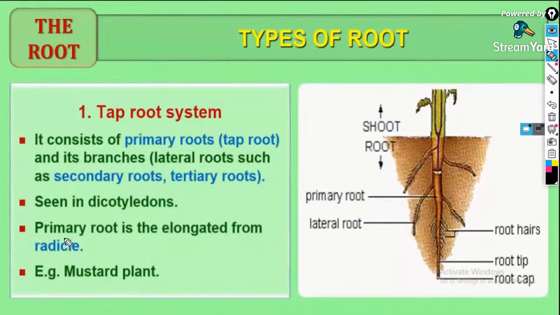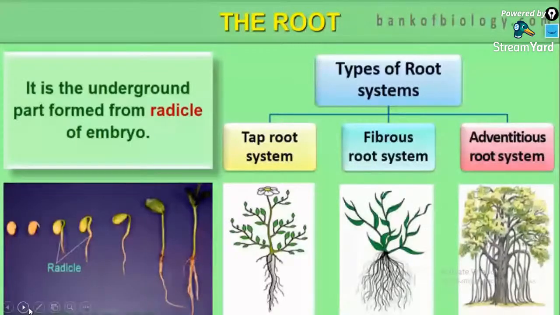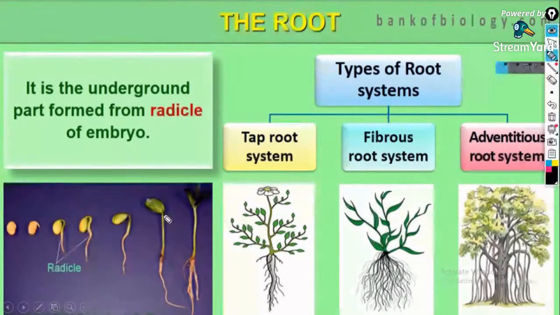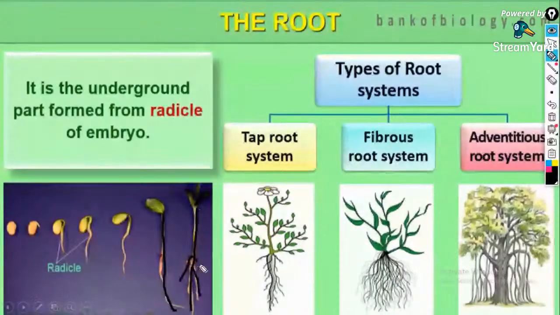So the primary root is the elongated form of the radicle. The radicle just elongates to form the primary root, as we have seen in the last diagram. Look, this is the primary root, right? The primary root just elongates, and the branches, the secondary roots, arise from the primary root.